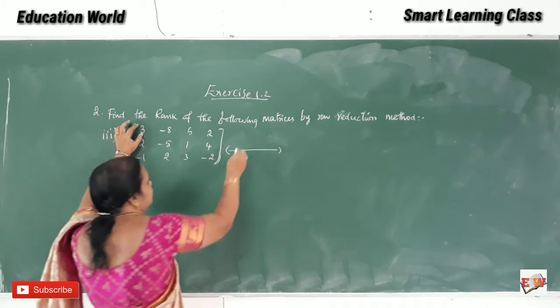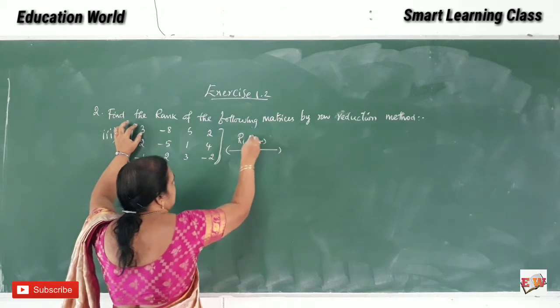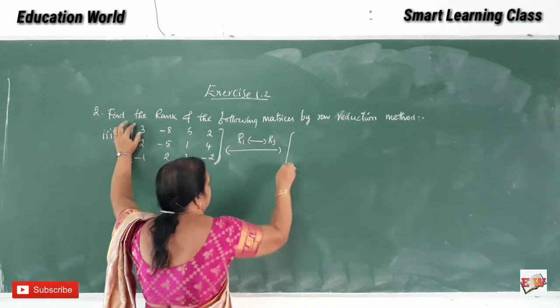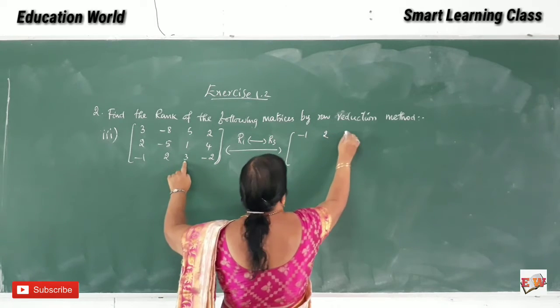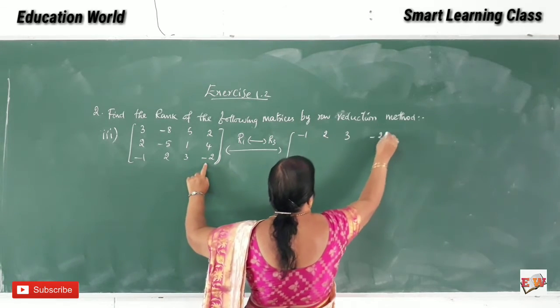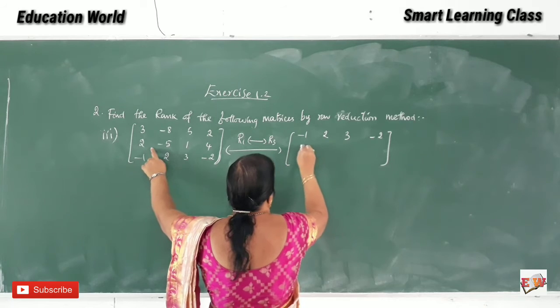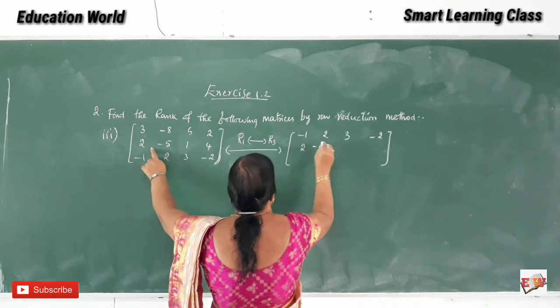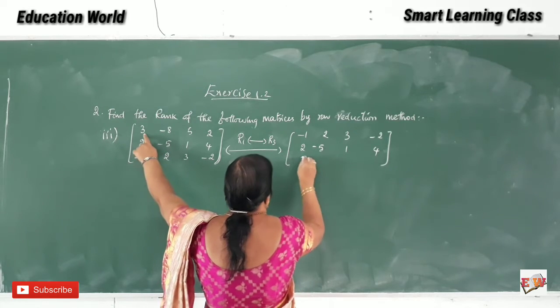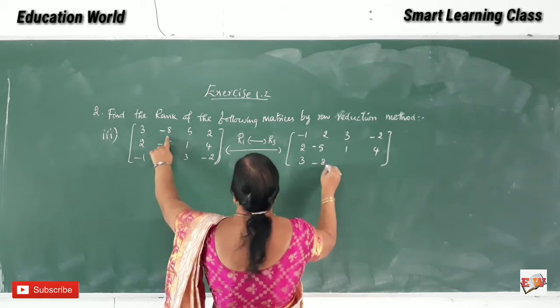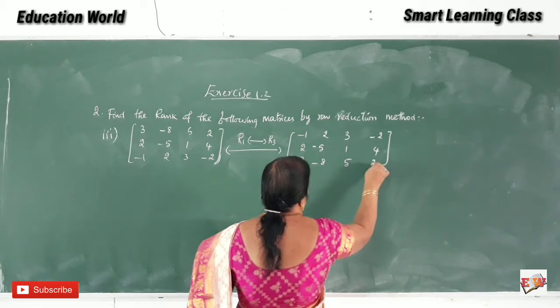So I am going to interchange R1 and R3. Minus 1, 2, 3, minus 2. Second row as it is, 2, minus 5, 1, 4. Third row we have to write this, 3, minus 8, 5, 2.